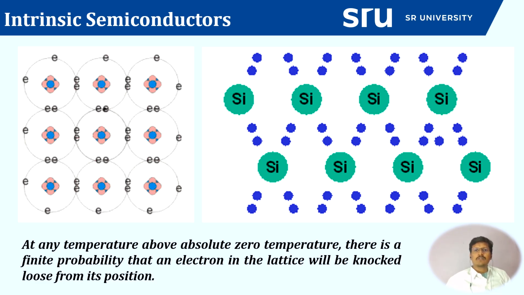The electron-hole pair is always generated together. This is a fundamental principle in semiconductor physics. The induced electron-hole pair will contribute to the electrical conductivity in semiconductors.